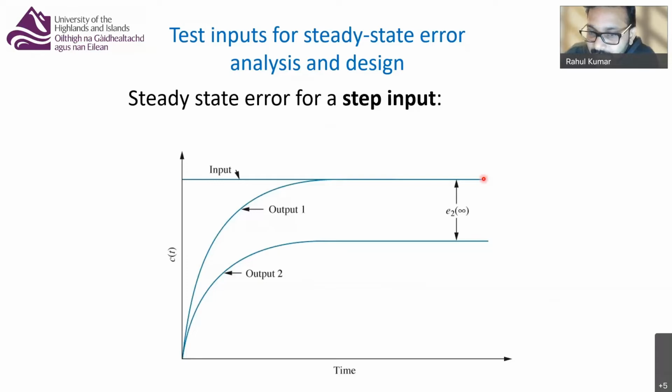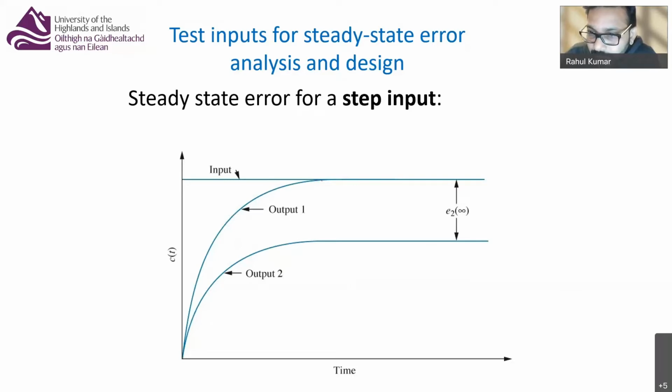It rises at t equals 0 and it is stable. That is my input. Now output 1. In the initial phase, you have some difference between your output and input. That means you may have some error. But until this point, I would say my system is in transient state.